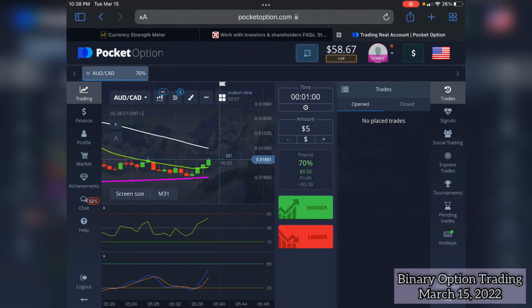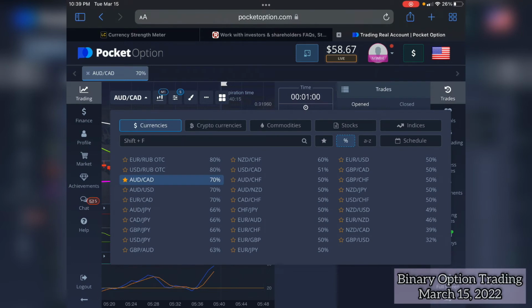Of course, if I was to get in on the next candle, it would be a buy. But we just going to wait to see what it does. Okay, it's stuck at 890. When you get stuck like this, sometimes you just don't know what to do. So we're just going to move on.